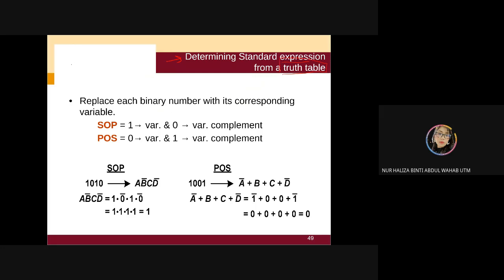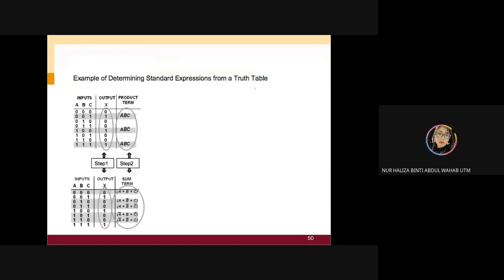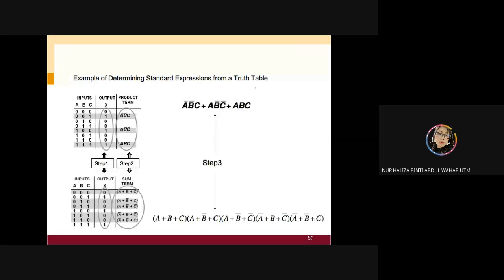Just now, from your Boolean expression, you needed to draw your truth table. Now, from the truth table, you need to come out with your Boolean expression. It is very easy peasy. You can read all this information. Here is an example, step by step.